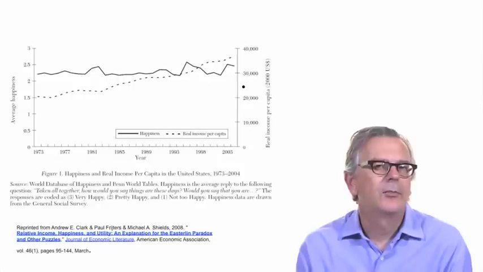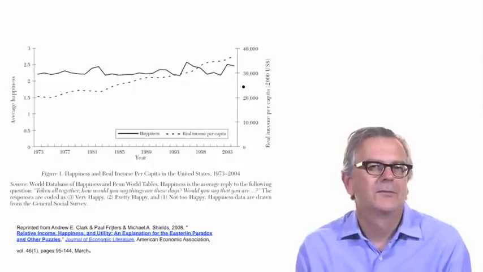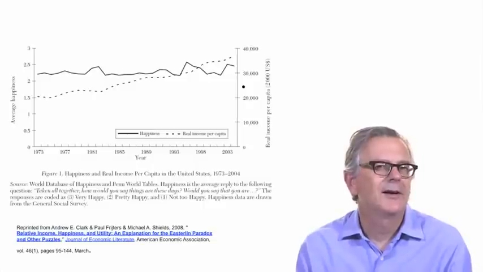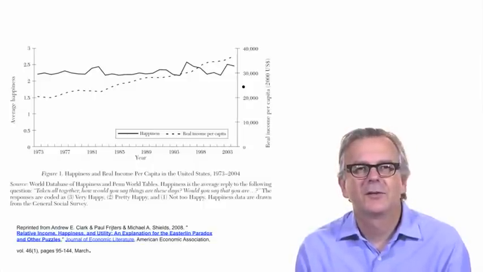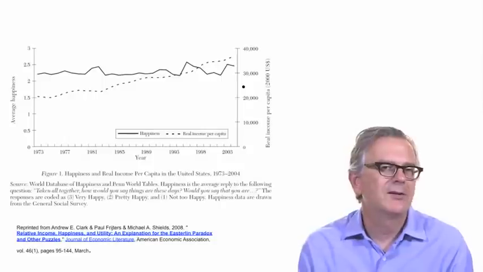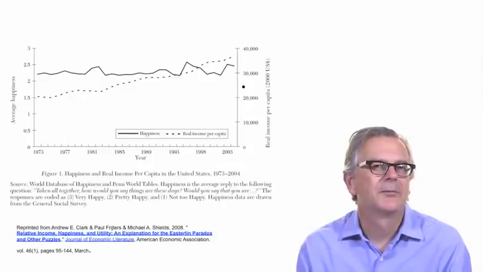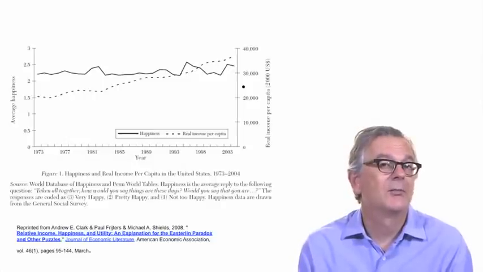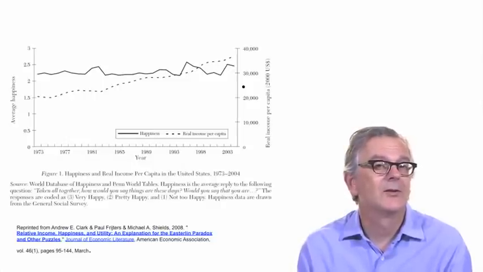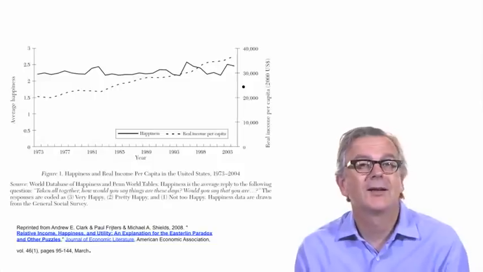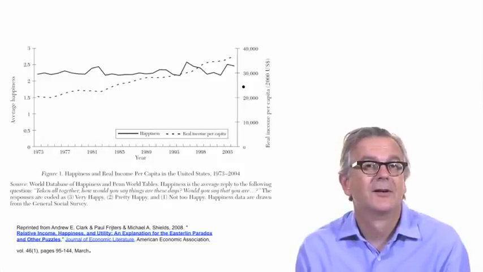One way of posing that question is the following. Is it necessarily the case that growing a nation's gross domestic product actually makes the citizens of that nation any happier? And there is actually a really exciting branch of economics that's developed in recent years looking at this question, known as the economics of happiness.